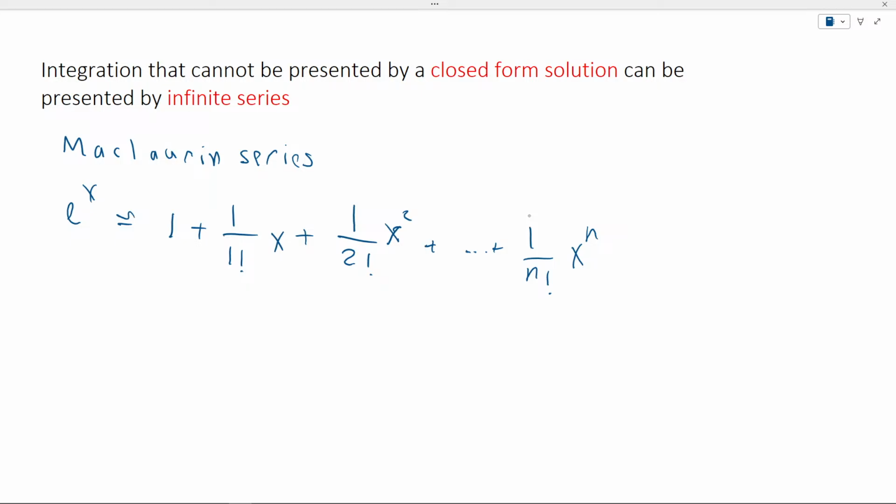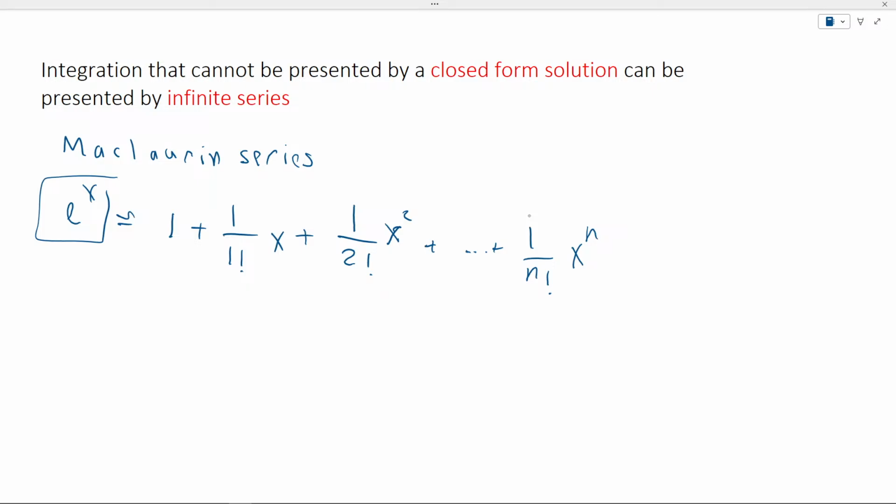We did this in the differential calculus module. If you go back, you can check this. The Maclaurin series is a special case of the Taylor series. Basically, we are approximating this exponential function by a series, and the more terms you include, the better the solution. As this goes to infinity, it will be the exact solution.